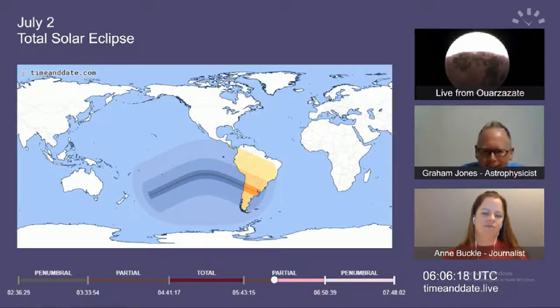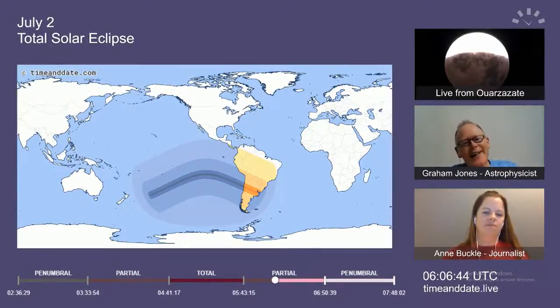This very narrow red strip is the path of totality. This is the area where a total solar eclipse will be visible, but that is a very narrow path. It's only about 100 kilometers wide. But if you can get to somewhere on that narrow red path, passing through Chile and Argentina, that is where the next total solar eclipse will be happening, on July 2nd.